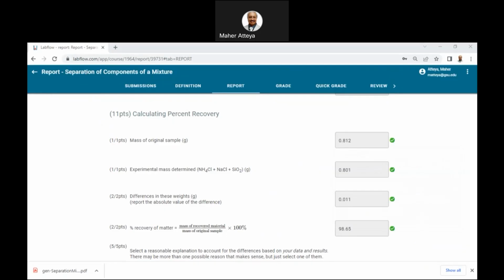Copy, paste it here. I hope there will be no problem. So we have this problem here, I don't know why. Let's see if I can get rid of this.